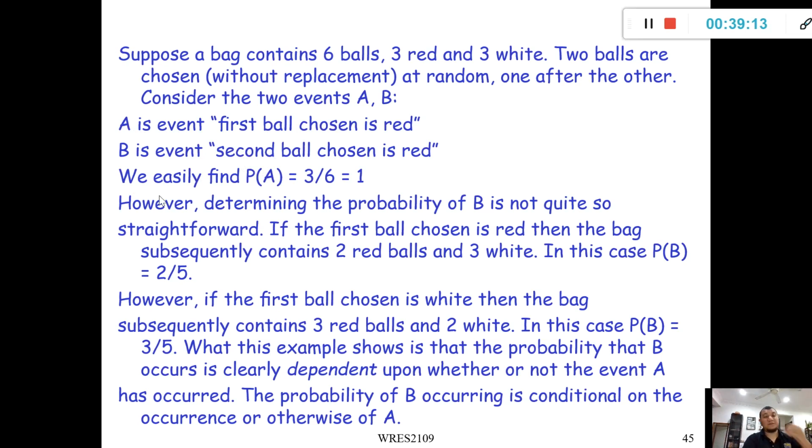However, P of B is different because it depends on event A. So the probability of B occurring is conditional. This is conditional probability: event B is dependent on event A.